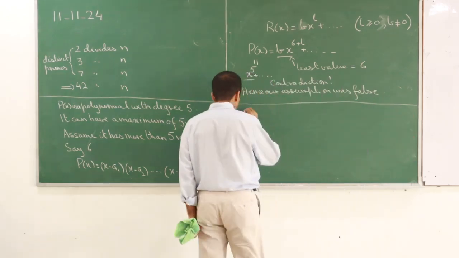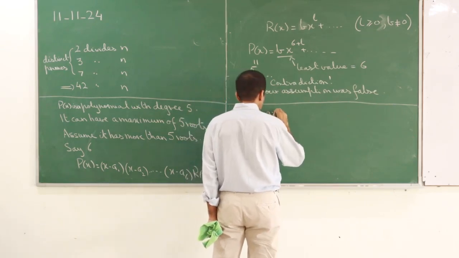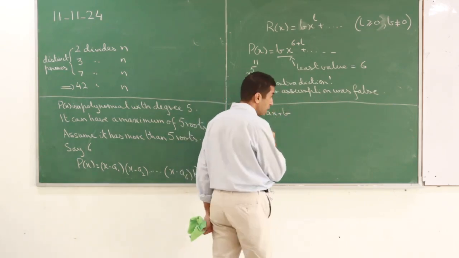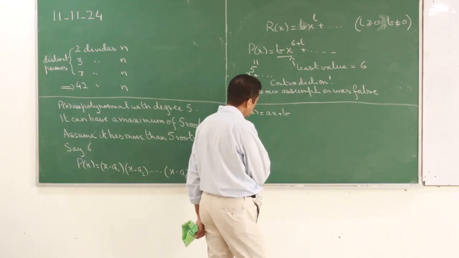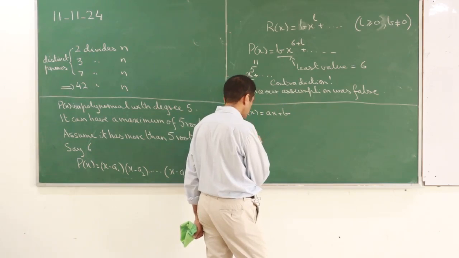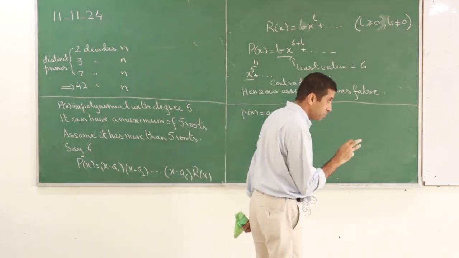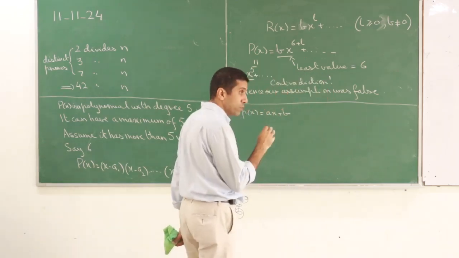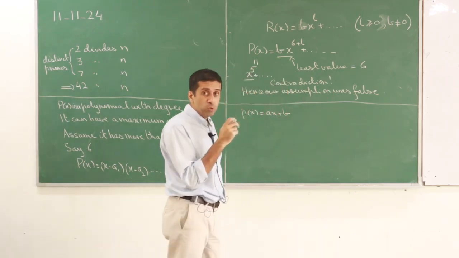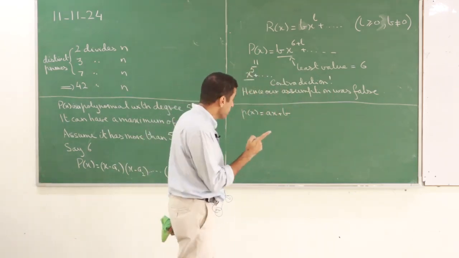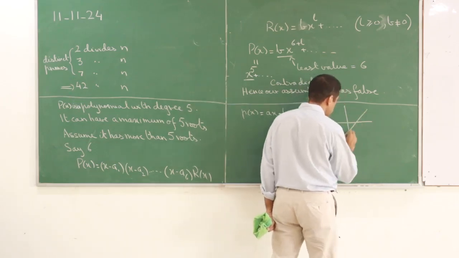Let's say you have a linear polynomial, p of x is of the form ax plus b. Note how many times this can be equal to 0. Remember, at a root the value is 0, right? So there's only one unique value where it can be equal to 0, and you have drawn straight lines.